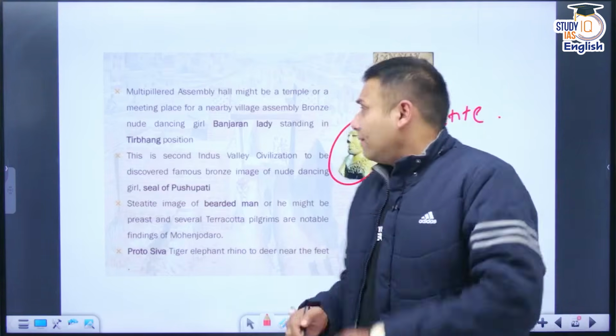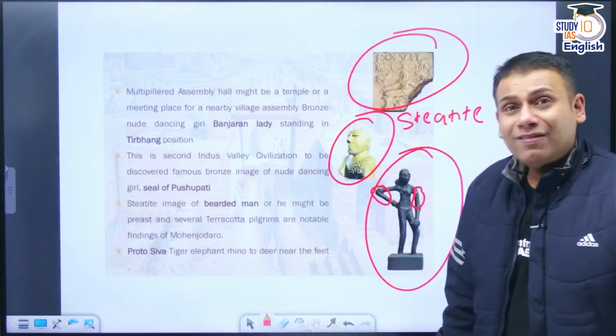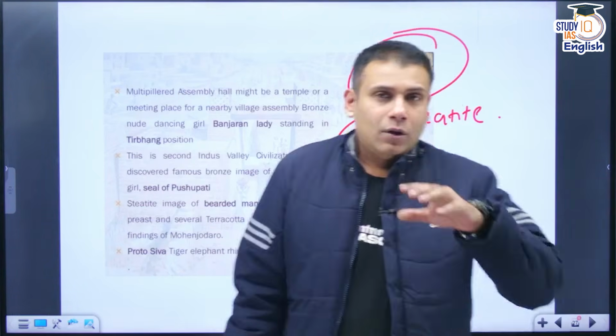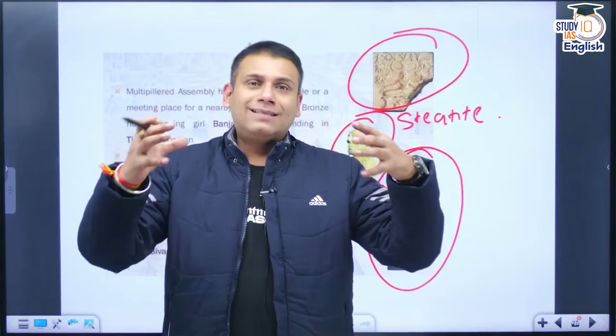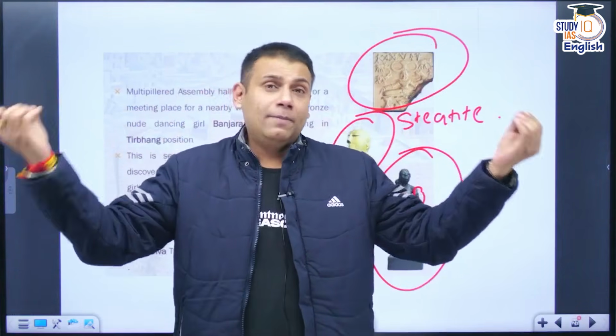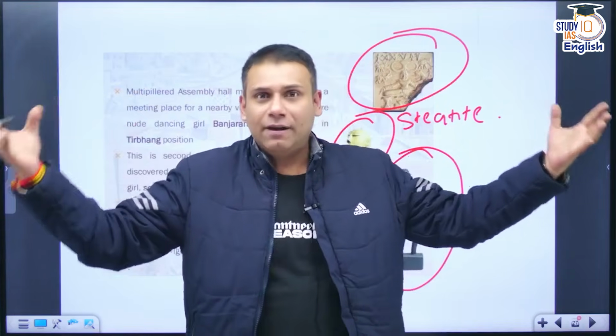Another important finding, that is seal of Pashupati Mahadev or Proto Shiva. Now there's a man who is depicted as sitting in the center, particularly looks like Lord Shiva, Proto Shiva, also referred to as Pashupati Mahadev.